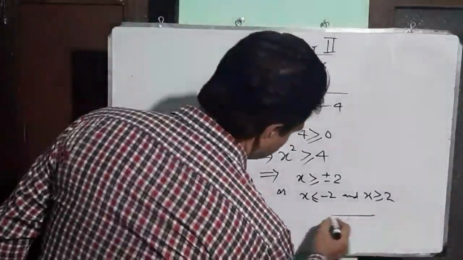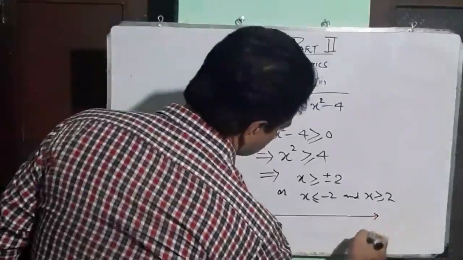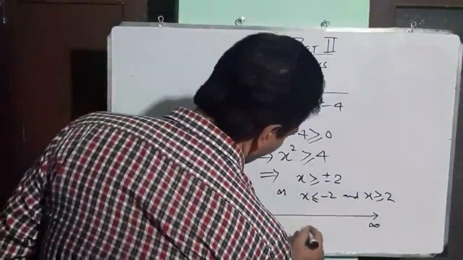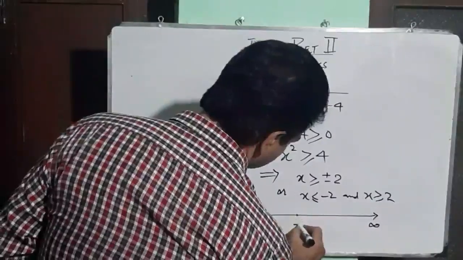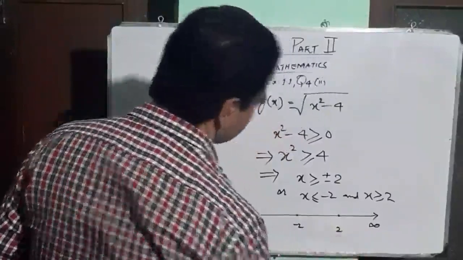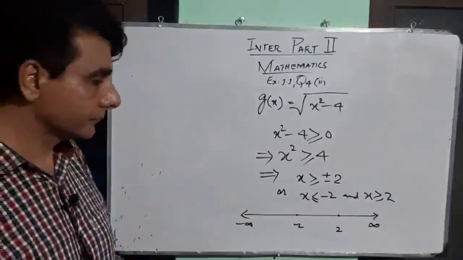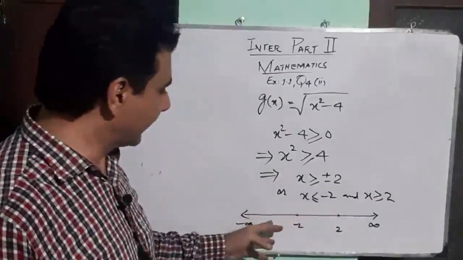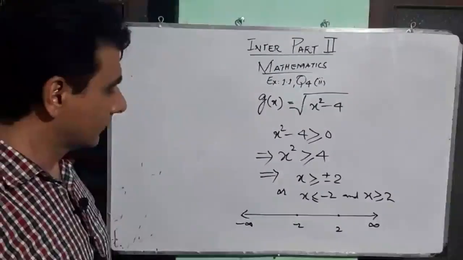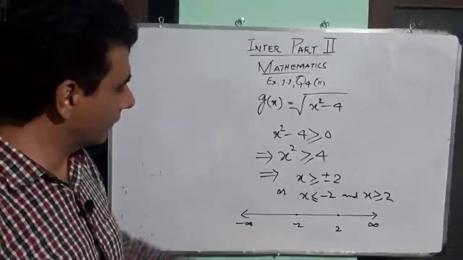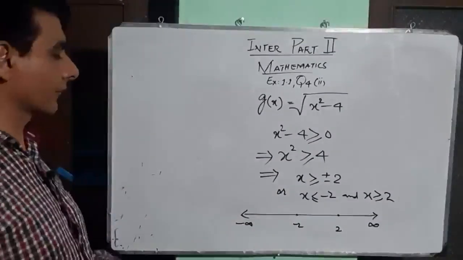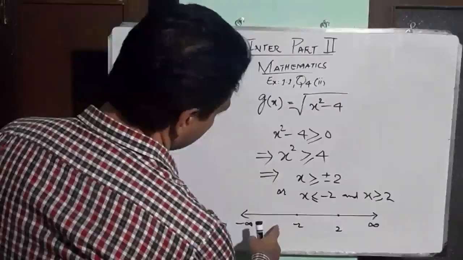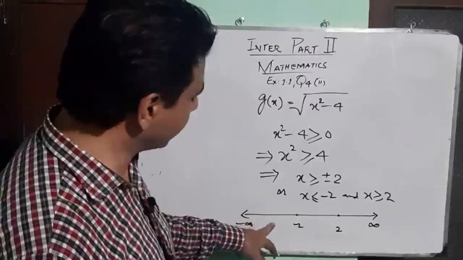Let's draw the number line. Here minus infinity and infinity. We draw both numbers here, minus 2 and 2. You can see in this number line there are 3 intervals. Now we check all the 3 intervals to see where the function is defined. We take any value here, minus 3.